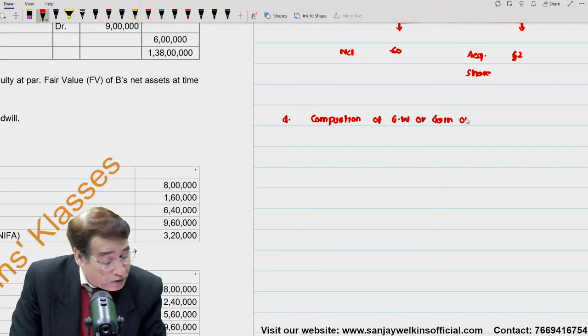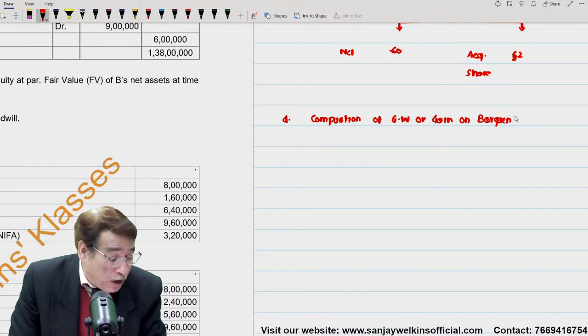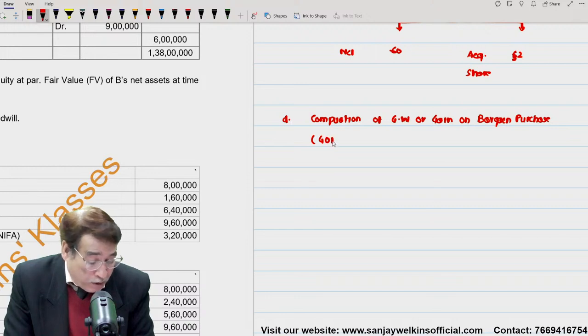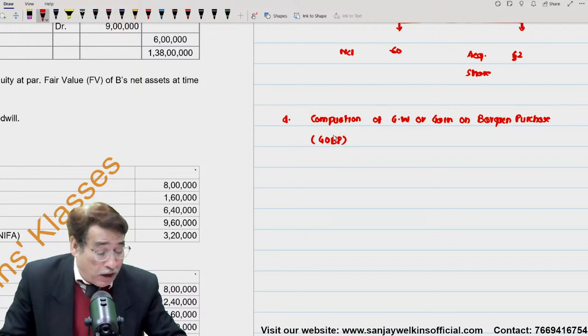Gain on bargain purchase is a pretty long term, so I will use the short form GOBP. Henceforth, I will use this abbreviation for gain on bargain purchase.